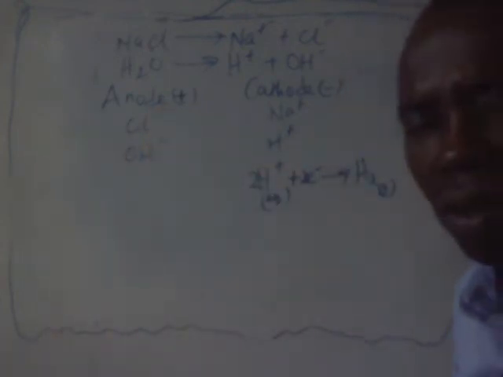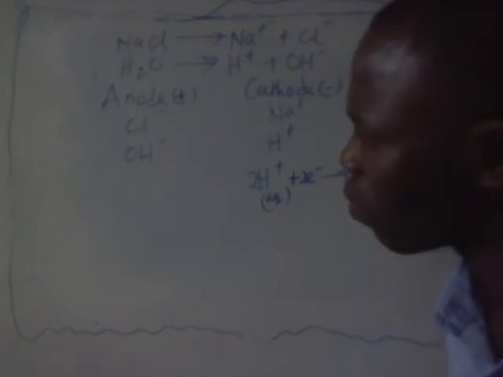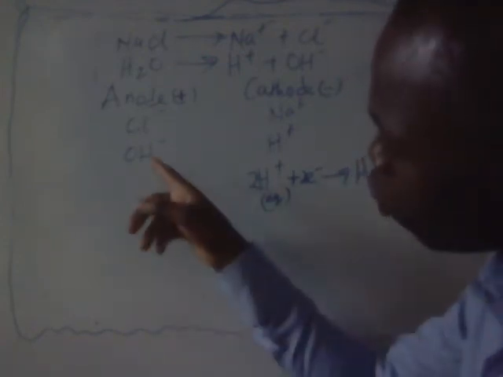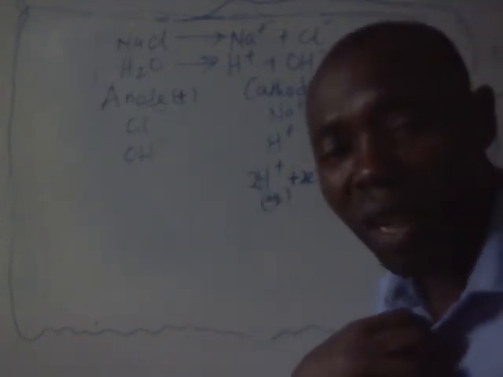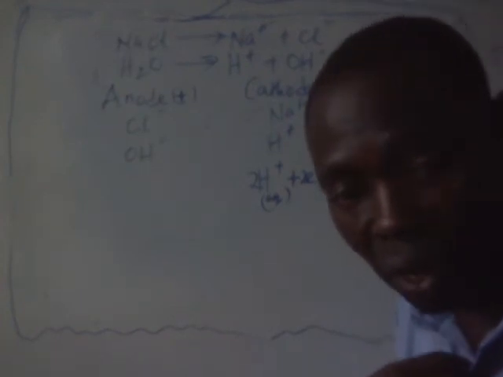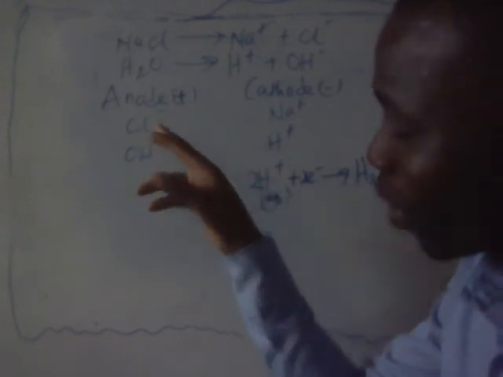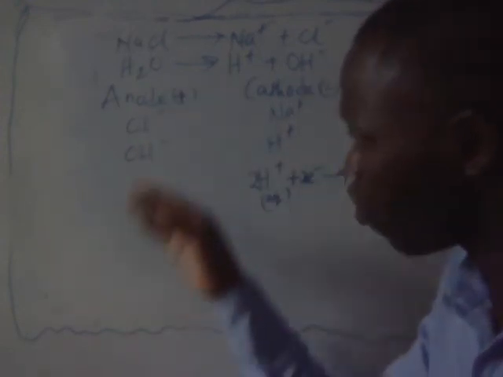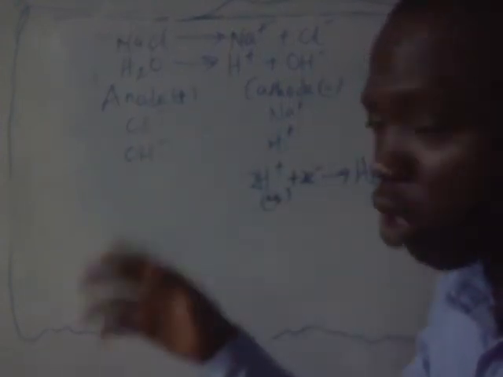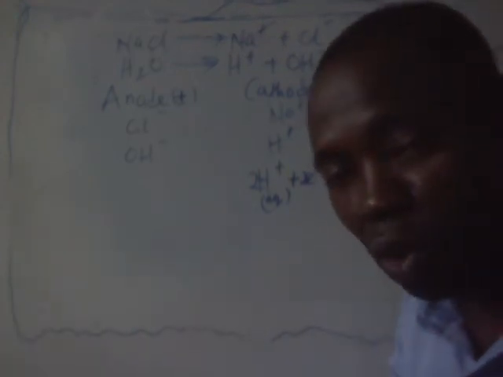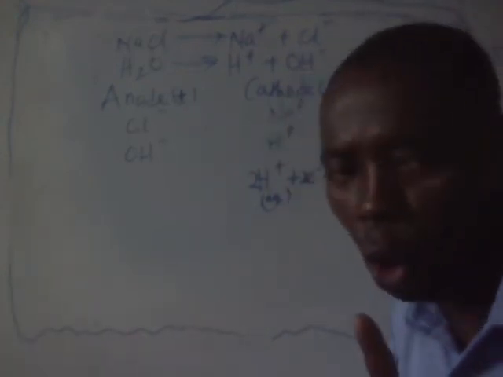But there's a condition. Based on the position of the ions in the electrochemical series, we know that Cl- is above OH-. So Cl- should be stronger and should be able to kick out OH-. But that will not occur practically.